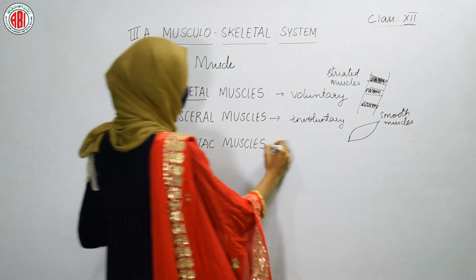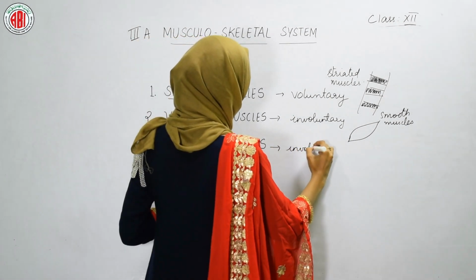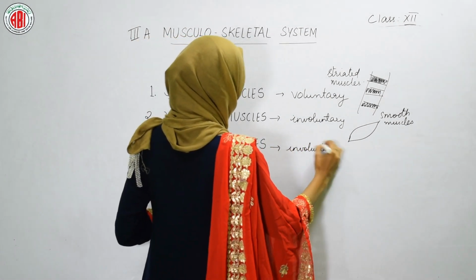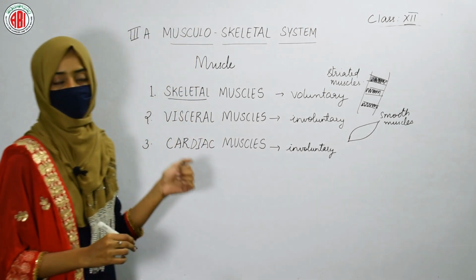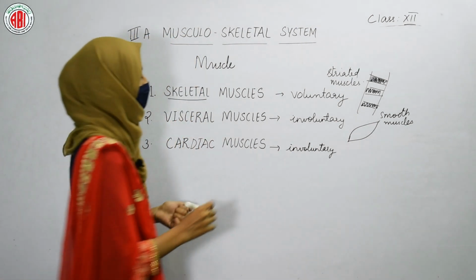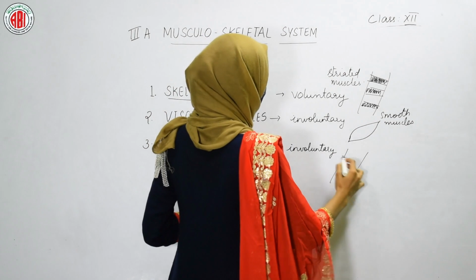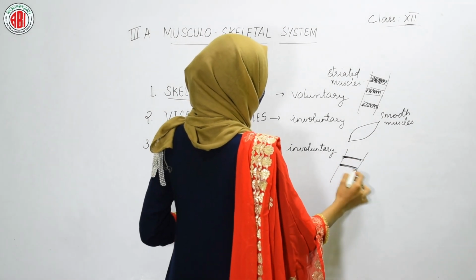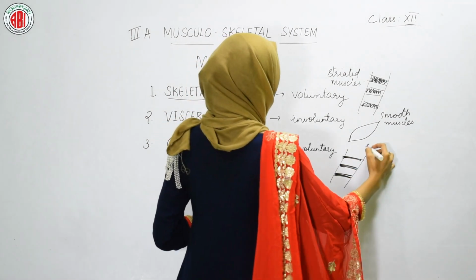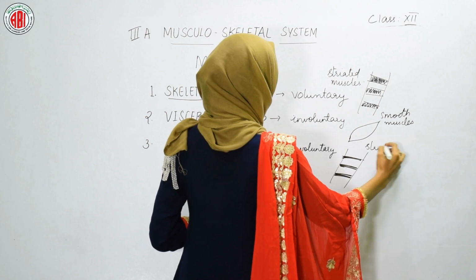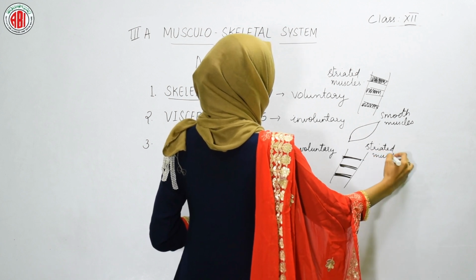So they are also involuntary in function. But when you see the structure of the cardiac muscles, they show light and dark bands. Based on this structure, we call them striated muscles.